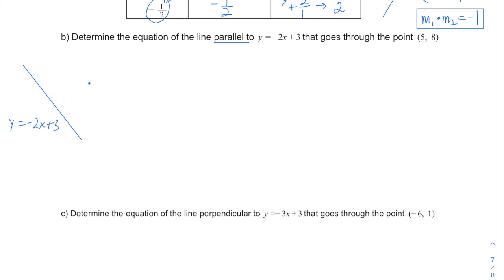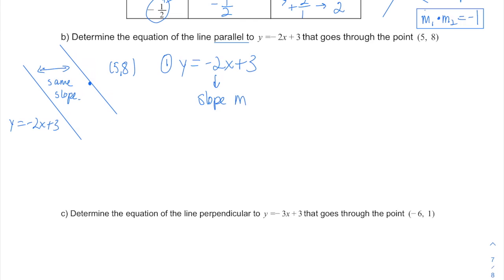If you want to imagine some other point way out here, 5, 8, I want to find the equation of the line parallel to my original line, but going through a different point. So we know that these two lines should have the same slope.